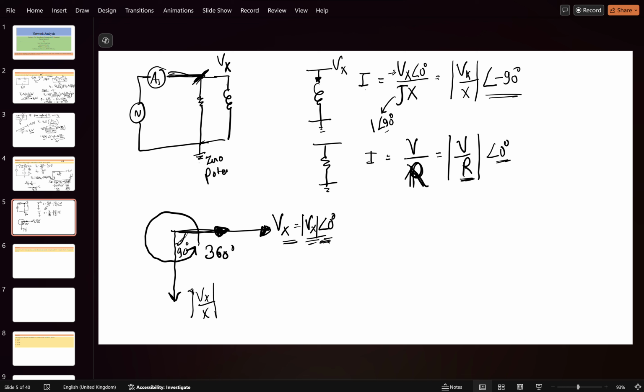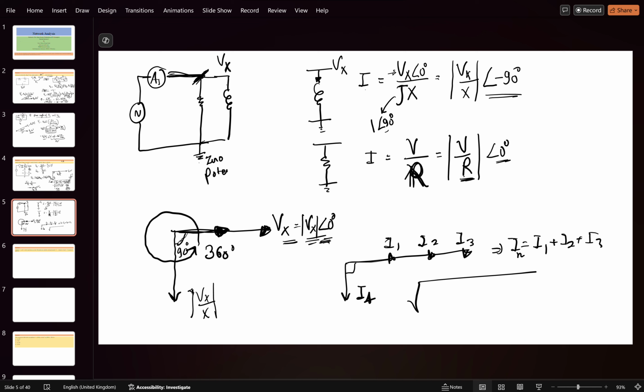It means that you cannot just directly add both of the terms. You can add the terms which are at the same phase angle. So this is I1, this is I2, this is I3. You can directly add these terms, so I is equal to I1 plus I2 plus I3. But if you get this I4, you cannot directly add these two values. You have to take the net value. Suppose this is the I net.